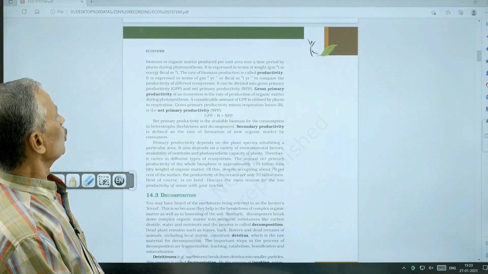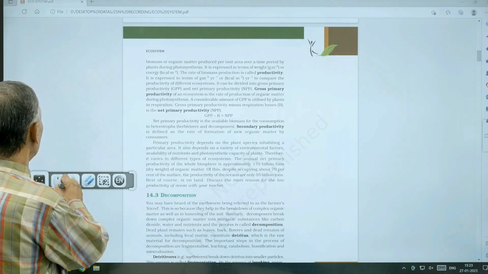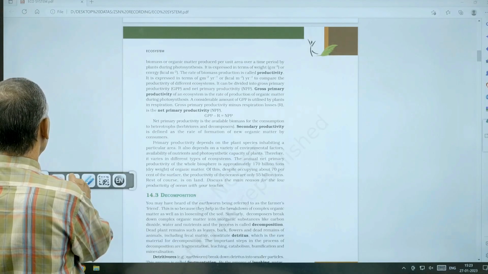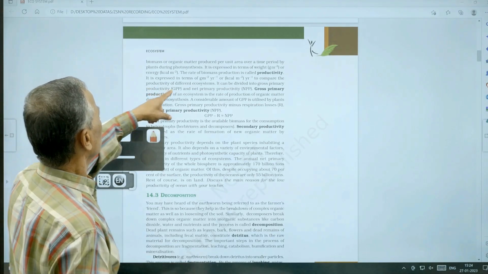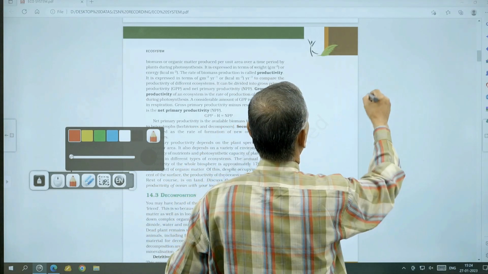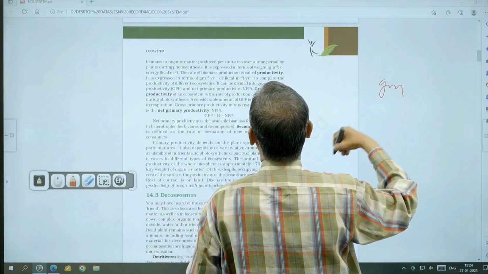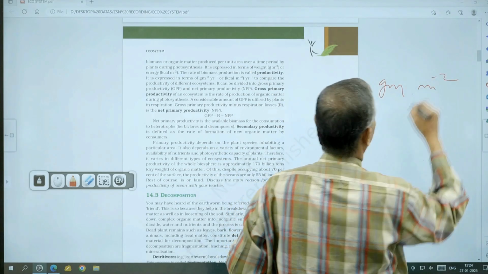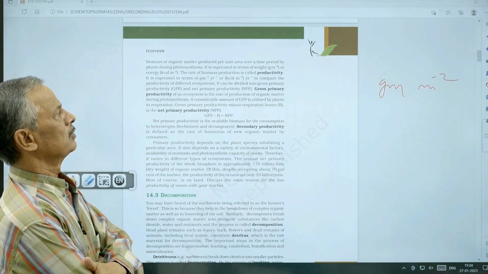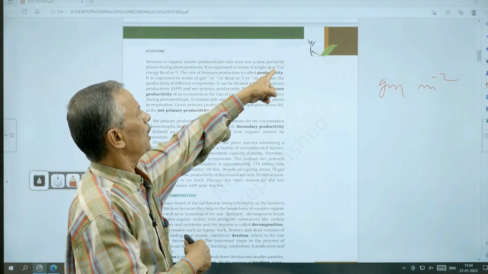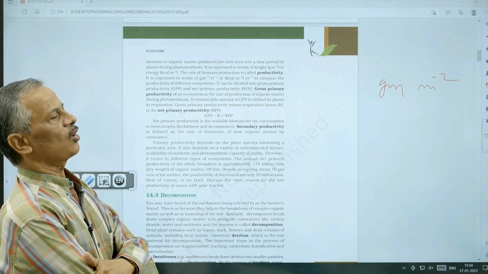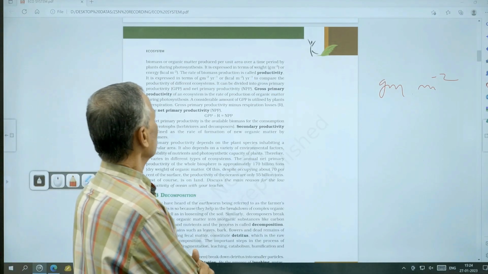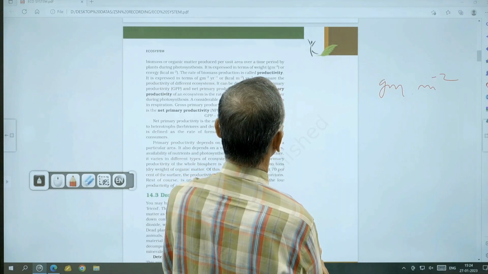It is usually expressed in two ways. How much biomass is produced? So in terms of biomass, we can tell so much gram per meter square, in terms of biomass weight, or it can be in terms of energy.